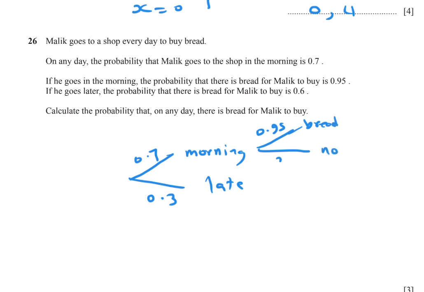So no bread 0.05. Same for bread or no bread. So for late, if he goes later, so 0.6. So this is 0.4.